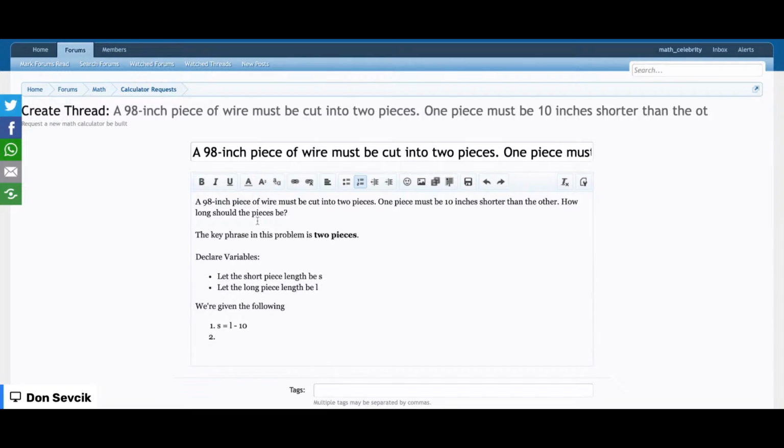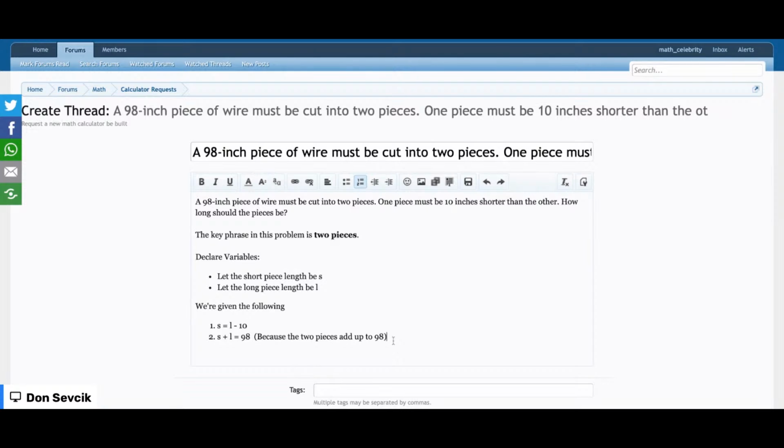And we also know S plus L has to equal 98, because the 2 pieces add up to 98. That's a key there.